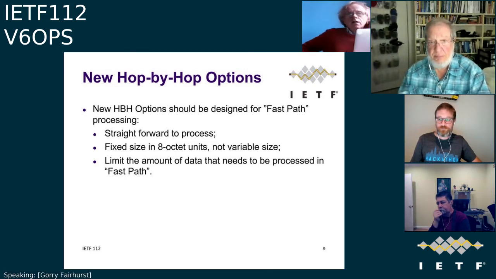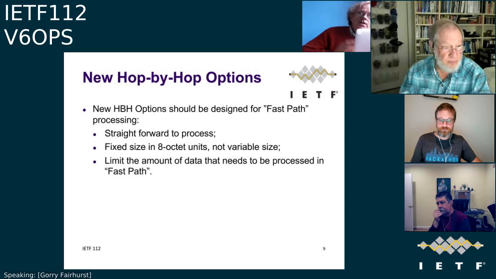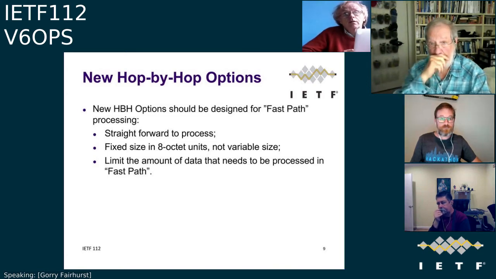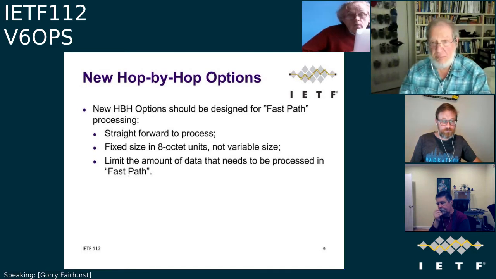Now we get to the kind of probably important bit, because all that was setting the scene. New hop-by-hop options. If people are going to start using hop-by-hop options, which we hope this will allow, then new hop-by-hop options have to be designed for fast path processing. People should know this up front and just be clear about it. They should be straightforward to process. So we don't want massive computation and computation that involves other parts of the router node.